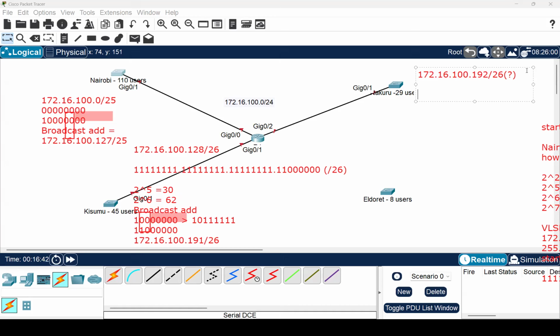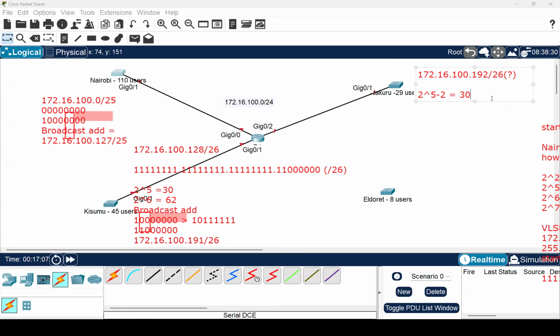And to find out, we ask ourselves, how many host bits do we need to make sure we have a minimum of 29 users? So if we say 2 raised to power 5, this one is 32, minus 2 will give us 30. Is that true?